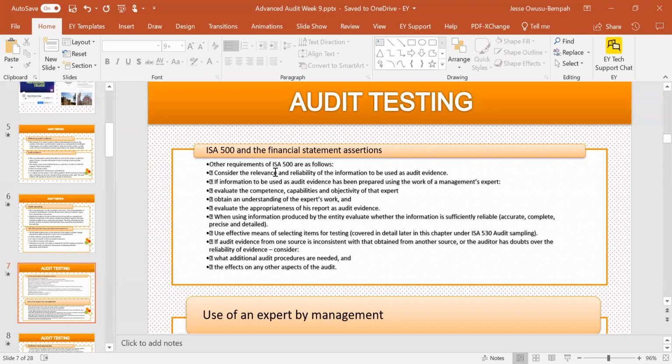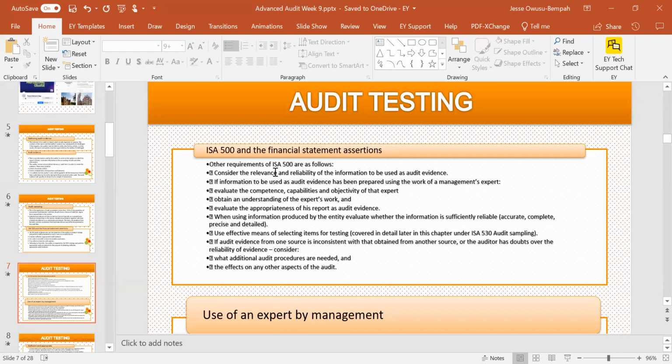Now, here I said if information to be used as audit evidence has been prepared using the work of a management expert, then we need to evaluate the competence, capabilities, and objectivity of that expert. There are times in the work of an auditor where the auditor relies on or uses the work of an expert, right?